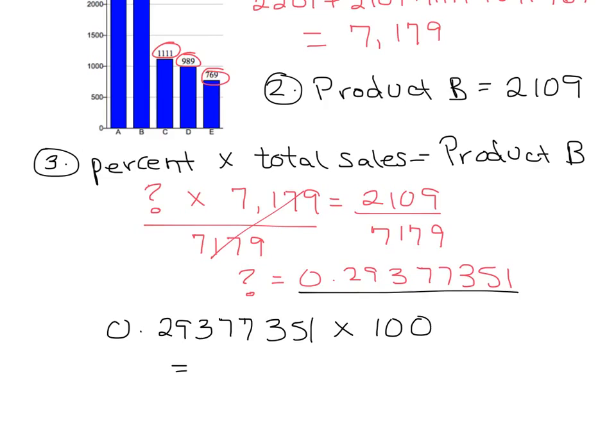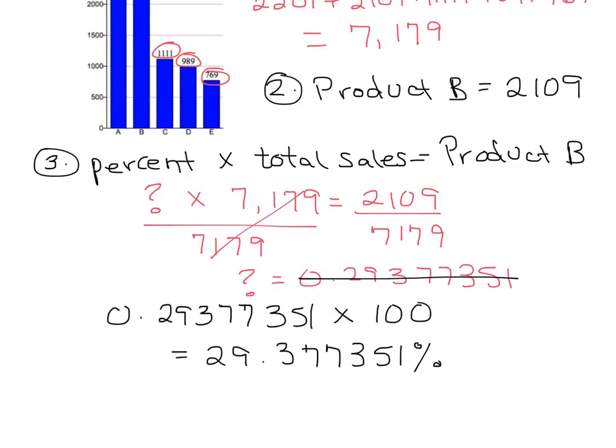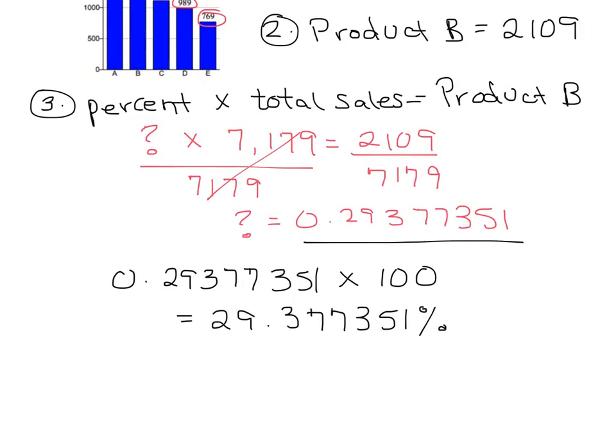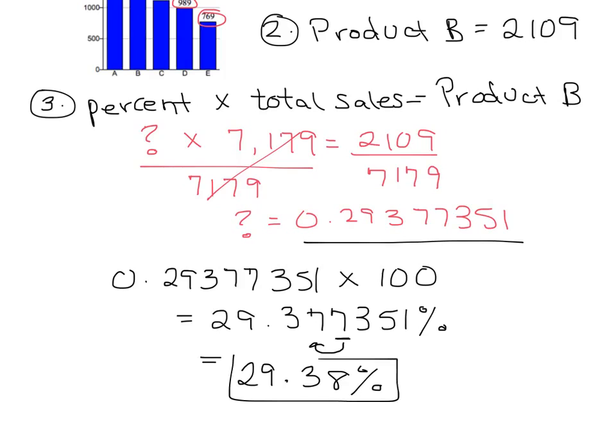I get a value of 29.377351%. Next, I need to round to 2 decimal places. I'll look at the third decimal place, which is a 7, so I need to round the second decimal place up 1 digit. My final answer is 29.38%.